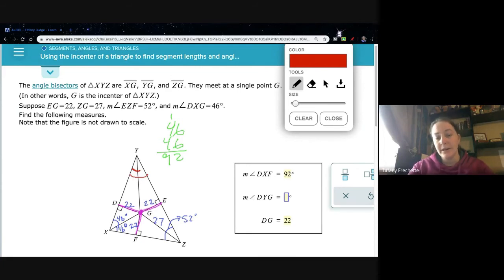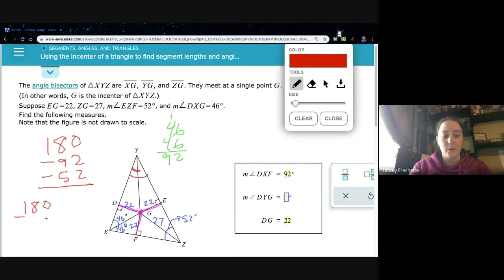So we know this whole angle down here, that's the one we just added together, that's 92. They all have to add up to 180. So we're going to subtract the 92 we just found, and they gave us 52. So we're going to subtract that because we're using this already. Most students tend to like to rewrite it.